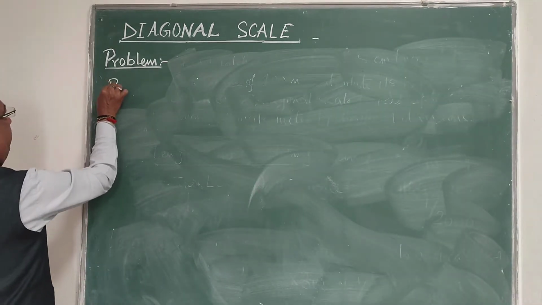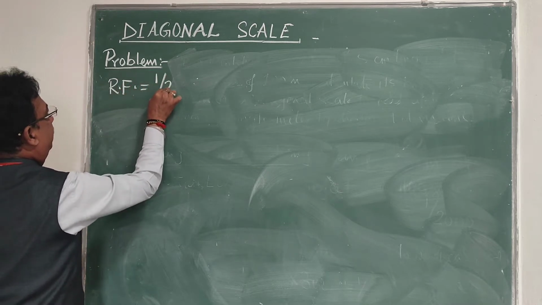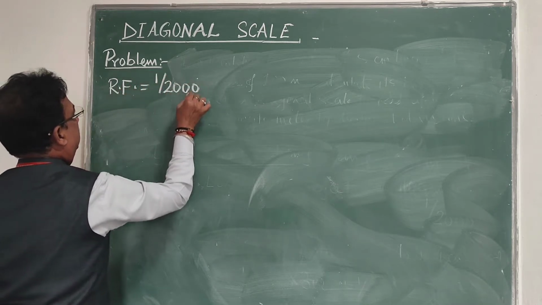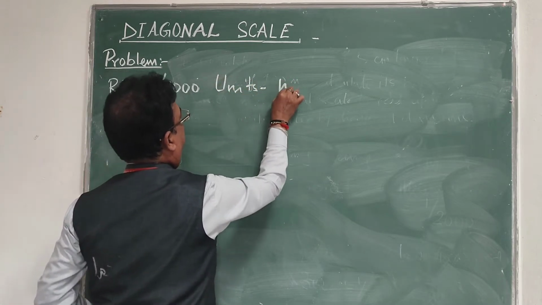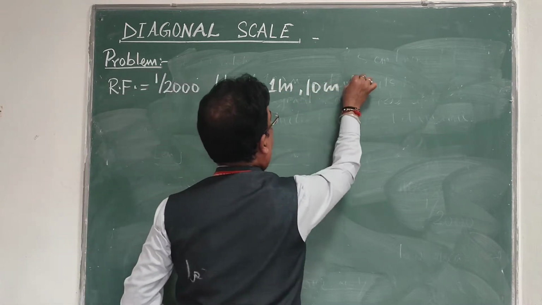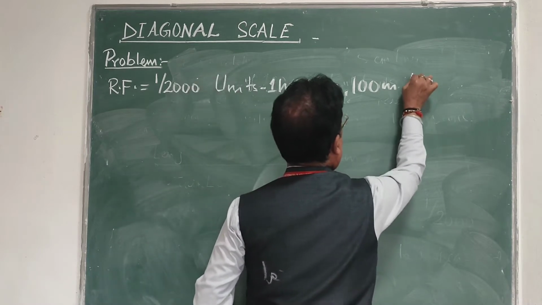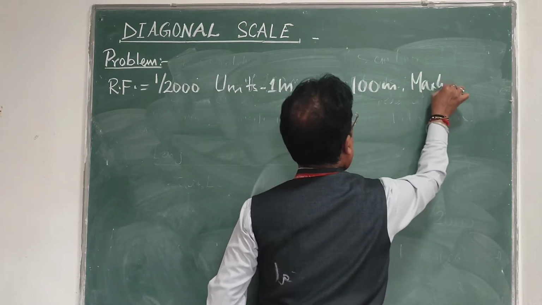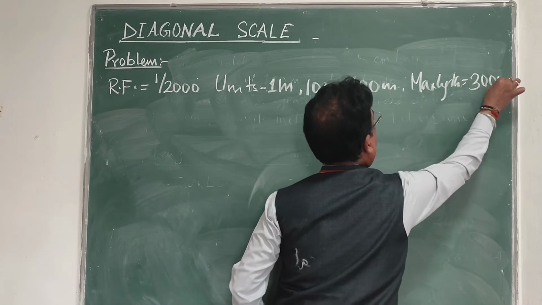So now the main important terms we got: one, RF, that is 1 upon 2000. The units for this scale are 1 meter, then 10 meter and finally 100 meter, and maximum length, as already we got, will be 300 meter.